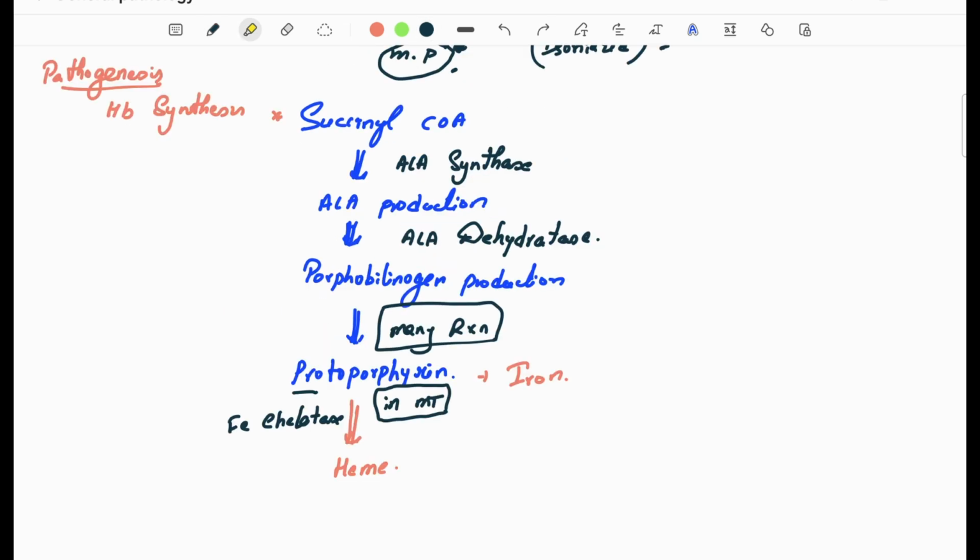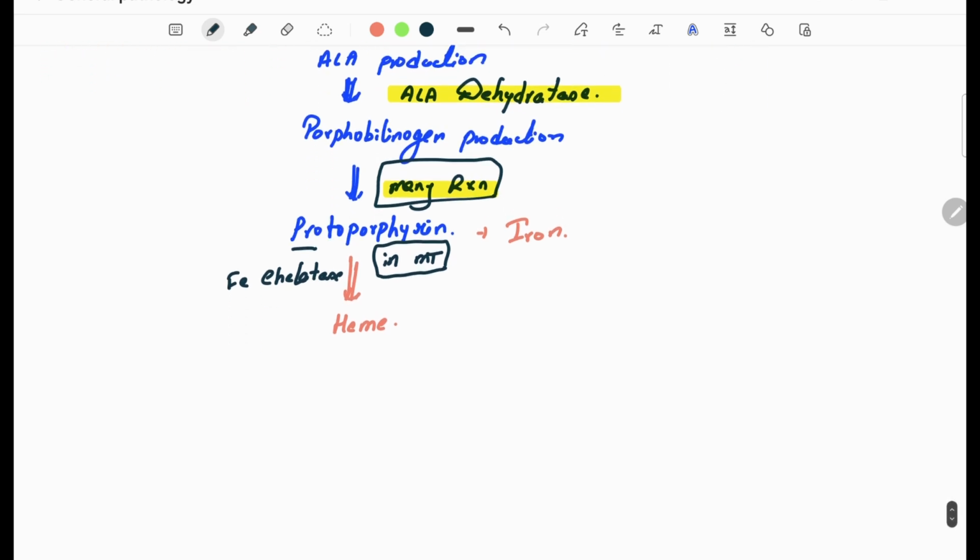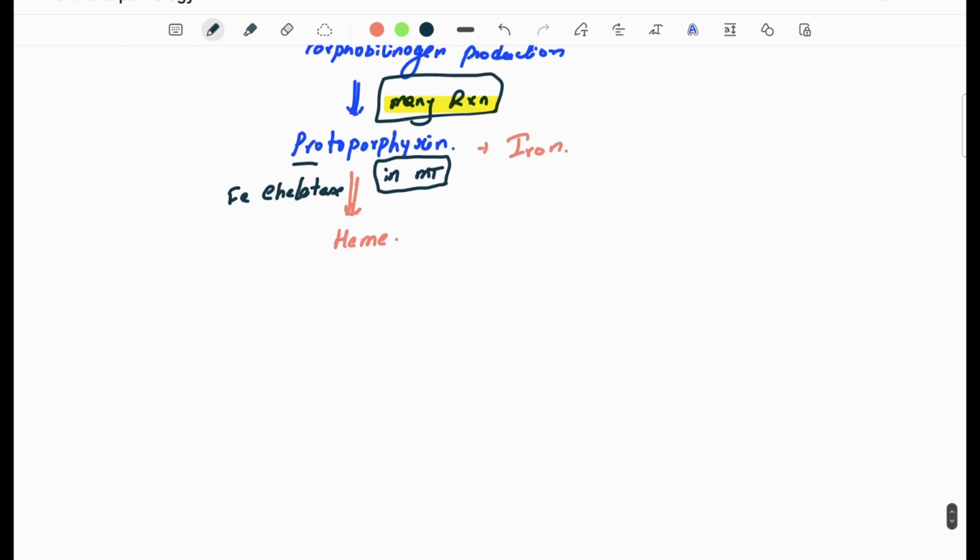If there is any deficiency of ALA synthase or ALA dehydratase or any kind of enzymes here, it will lead to sideroblastic anemia. Next one is the rate limiting step. Here ALA synthase is the rate limiting step. This is the thing that you should remember in your pathogenesis.